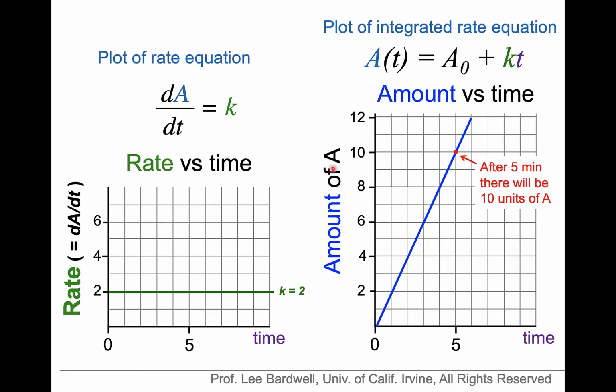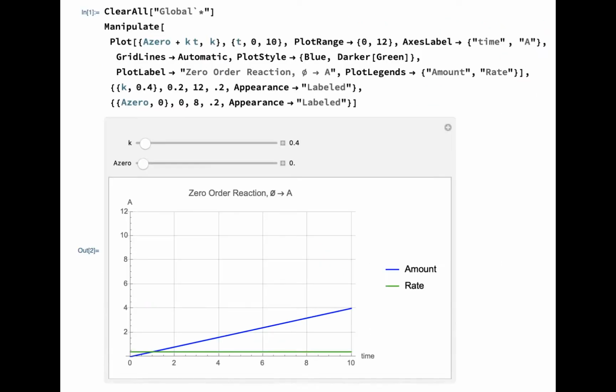So we have amount of A on the y-axis and time on the x-axis again. We can see that we start out with 0, but then the amount of A increases constantly. So after 5 minutes, we're going to have 10 units of A, assuming that A0 was 0, that K was 2, and that our units are in minutes.